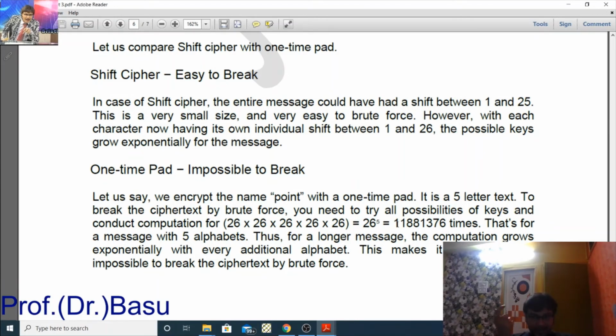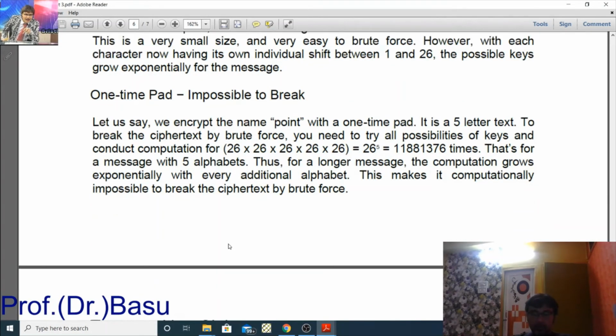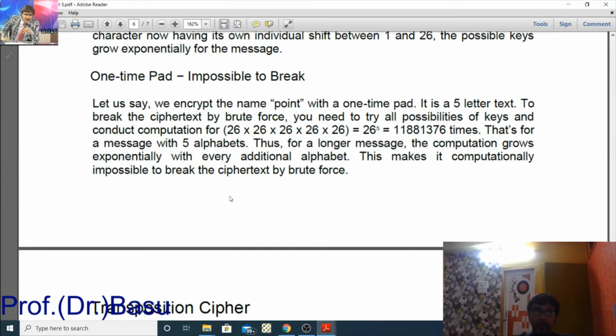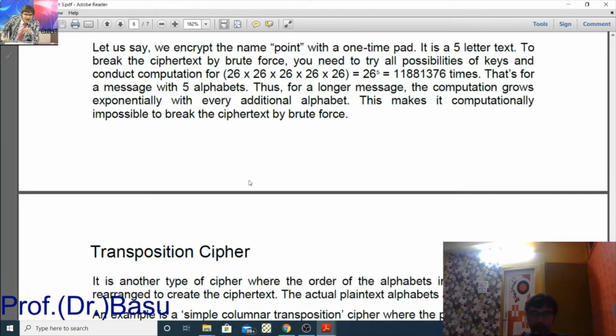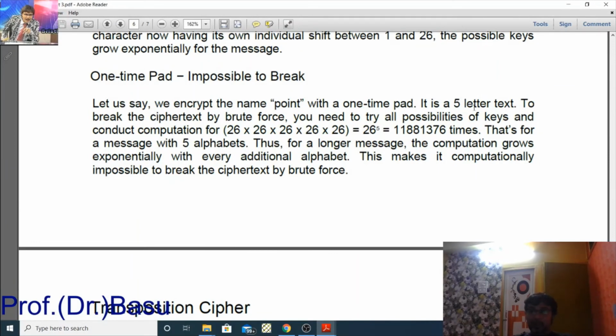If the string length is 5, then we can get this number of sequences with different computations. So this is one-time pad, impossible to break.